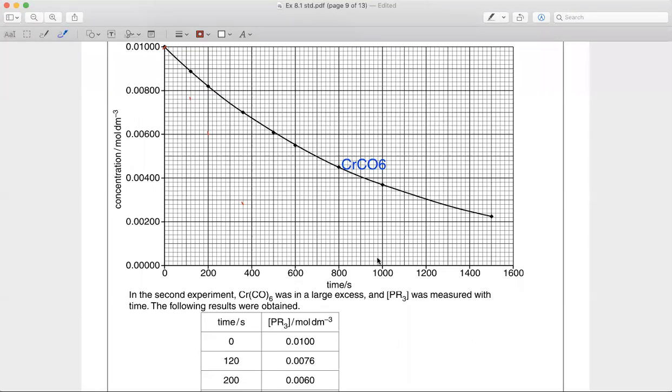Now, what do you think of your points? Is it a straight line or is it a curve? Straight line, yes, that's right. It's a straight line. So please draw a straight line.